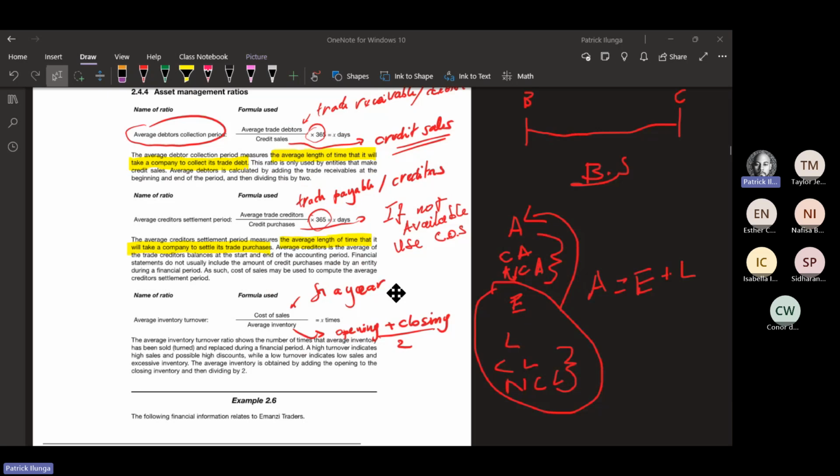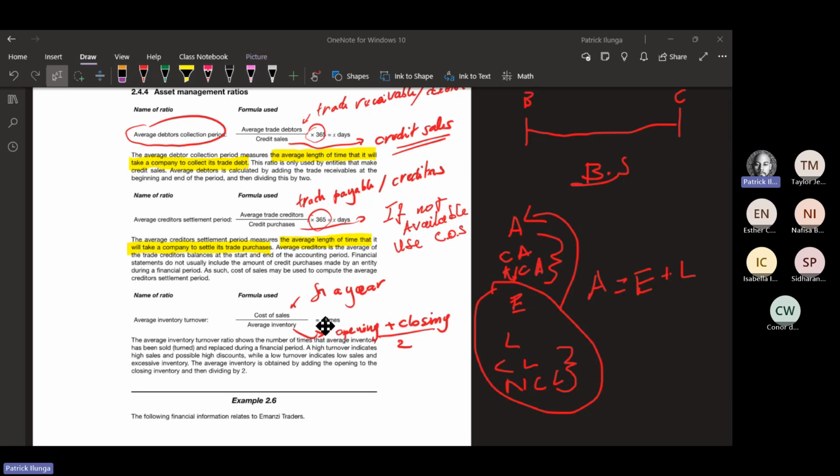Okay, so cost of sales divided by your average inventory. We want to see the inventory turnover. Look very well here, you are looking at multiples. How many times do we turn over the inventory?